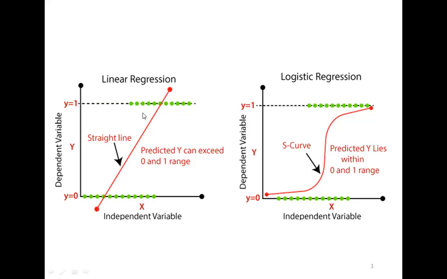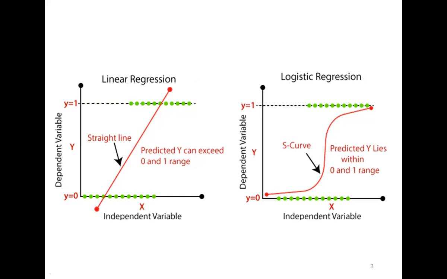If we are estimating probability using a linear regression model, it is possible for the probability to exceed 1. As I told you, the interpretation is the change in probability if x changes, but here the probability may exceed 1, while the probability should be within 0 and 1.